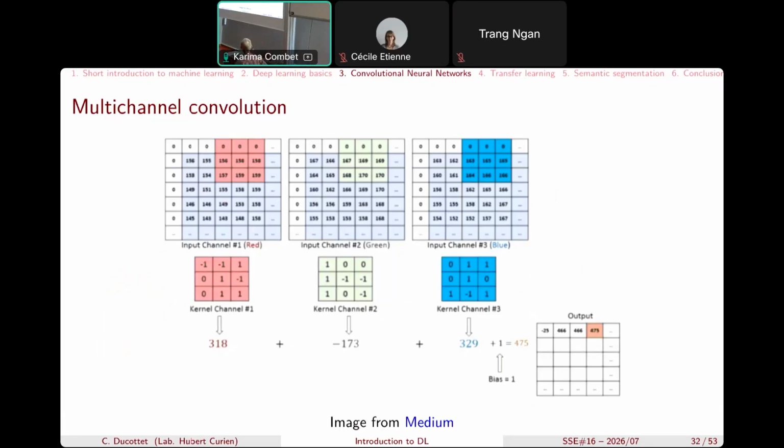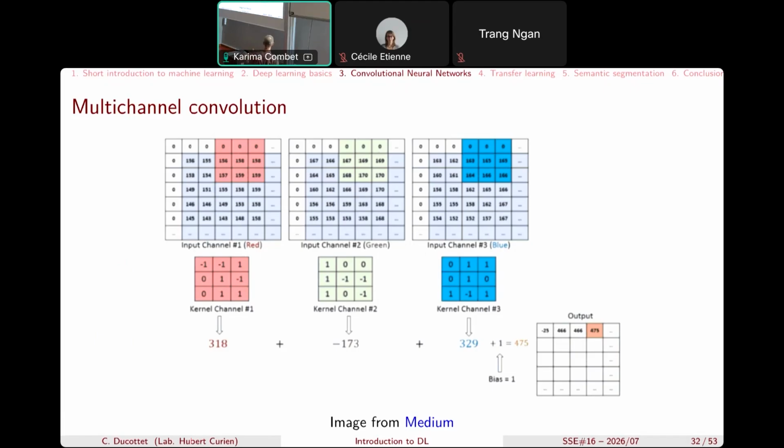Okay, so here, this is a multi-channel convolution. We have 3 input channels. For each channel, we have a different set of filtering parameters. And the whole convolution will be a combination of the 3 convolutions here, and we will just sum the results. It is like if we had a volumic filter here.